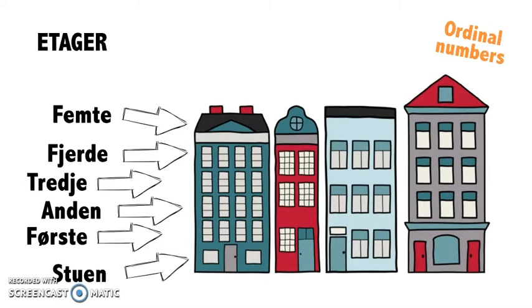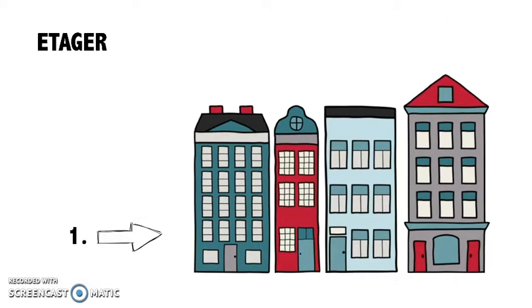These are what we call ordinal numbers. Ordinal numbers are the position of the different numbers, so in regards to each other. This is how we write the ordinal numbers in Danish. You might notice there's a little punctuation mark after the number 1.